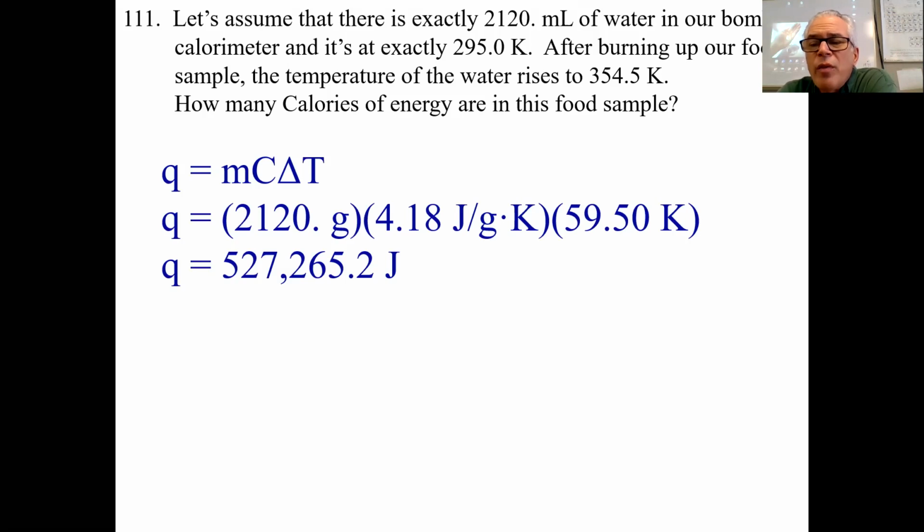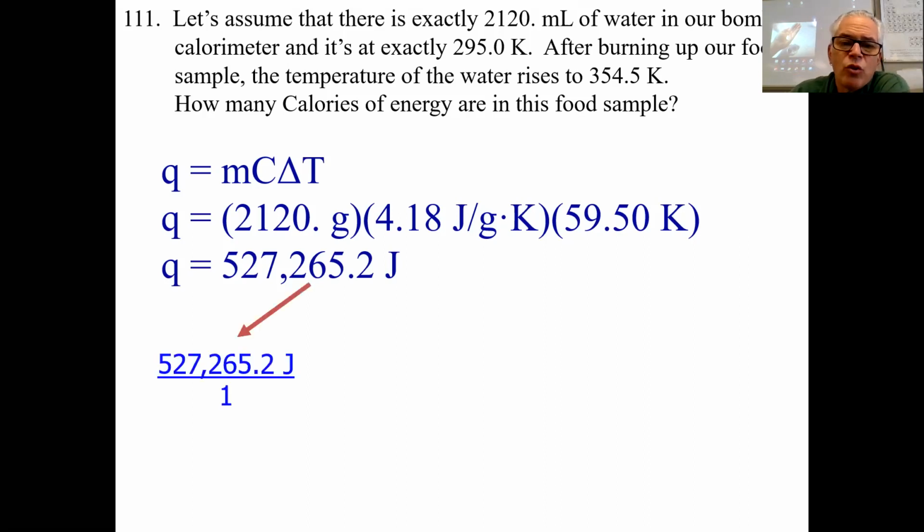In order to make that much water change temperature by this many Kelvin, it would require 527,265.2 joules, which we're going to round at the end because we only have 4 significant figures.